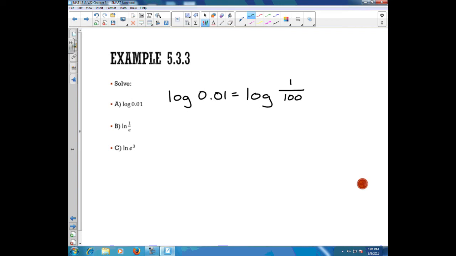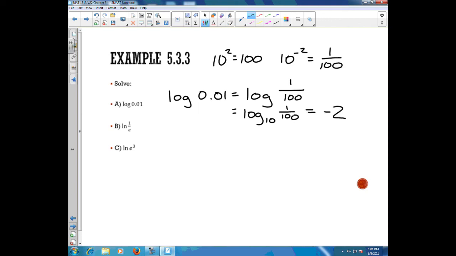And this is asking, what power do we raise 10 to? It's log base 10 of 1 over 100. What power do we raise 10 to get 1 over 100? Well, 10 to the second power is 100. So 10 to the minus 2 is going to be 1 over 100. And so the answer is just minus 2.